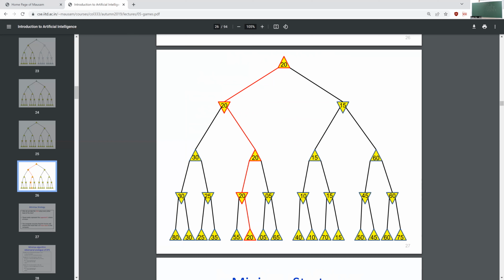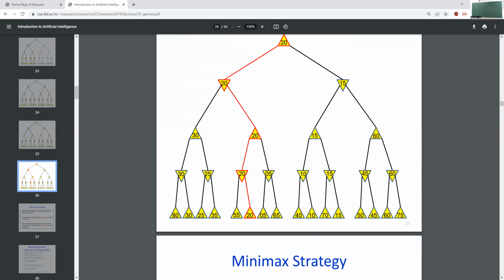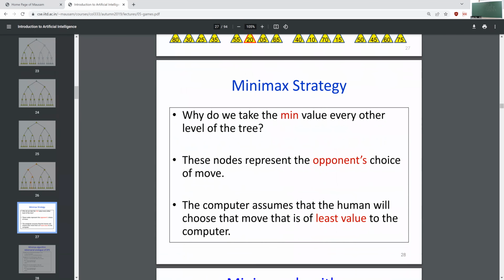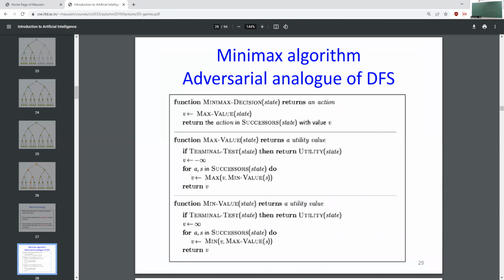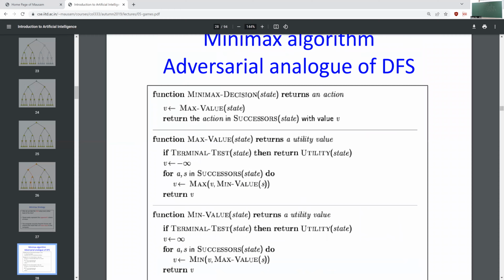Now, once you know this, find the action which leads to this min node 20 from the given root, which is let's say A1, the red color edge here.